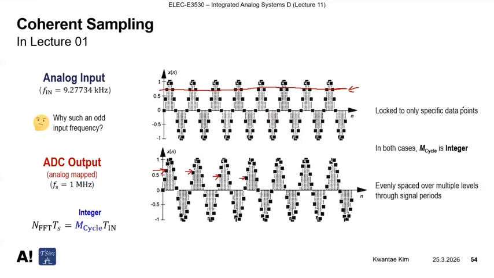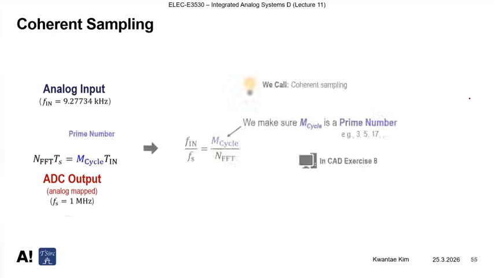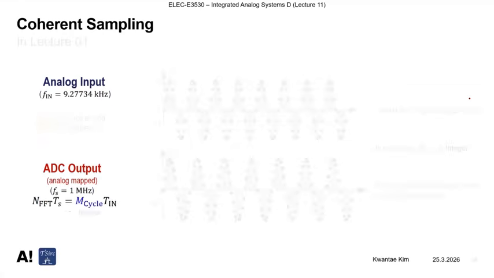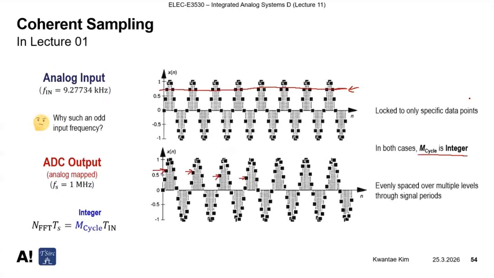In both cases, M cycle is met as an integer. So how can we make sure this can happen? Mathematically, the proof is out of scope for this course. If we set M cycle as a prime number, for example 3, 5, 17, and so on, then we can make sure this situation happens as much as possible, so it does not touch the same values over the FFT.